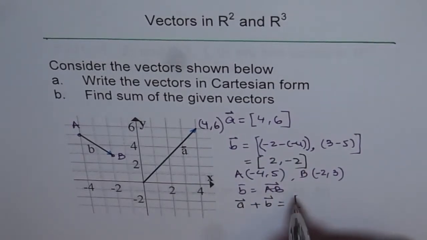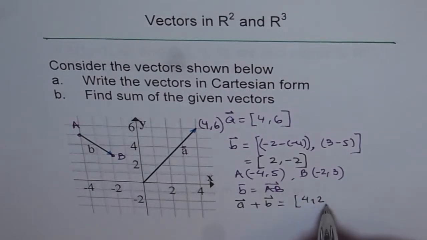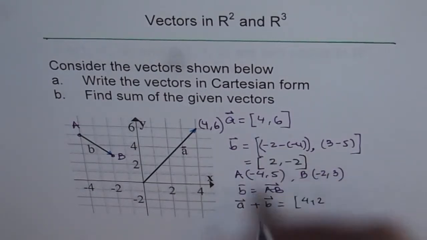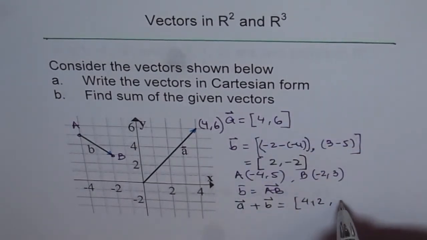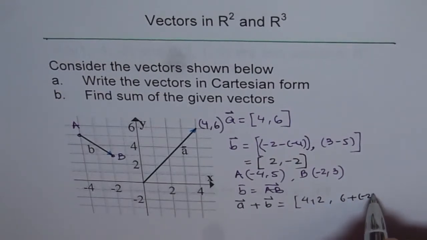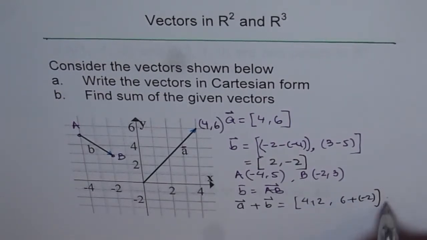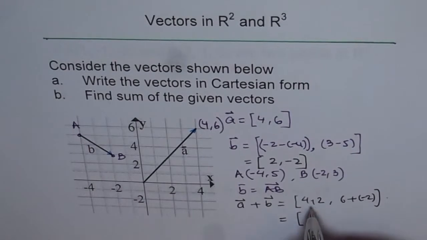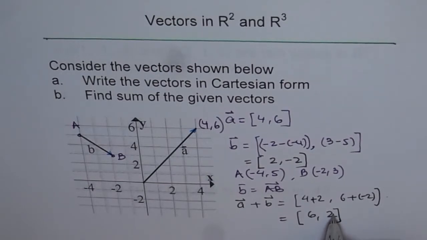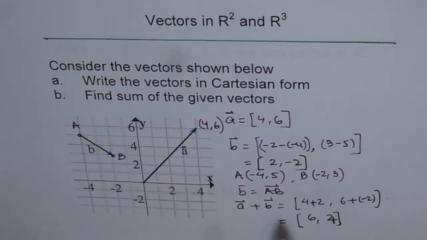You get 4 plus 2, that is the sum of x values. And for the y values, it is 6 plus -2, right? That gives you the answer, which is 4 plus 2 is 6, and 6 minus 2 is 4. So we get the sum of the two vectors as vector 6 and 4, right?